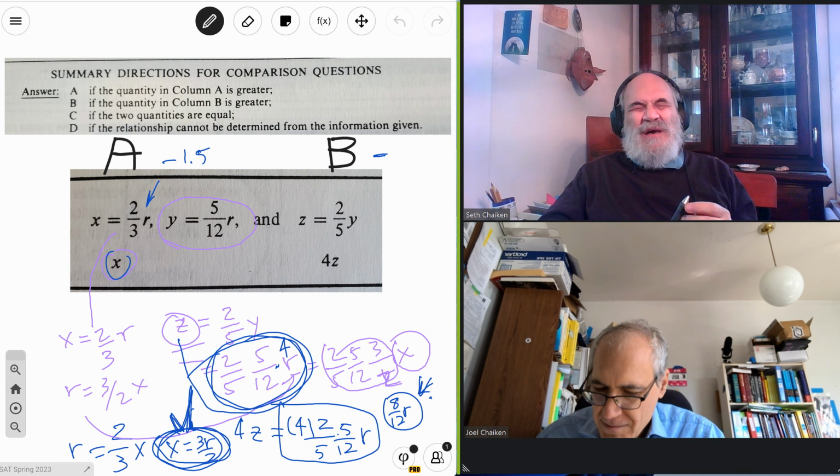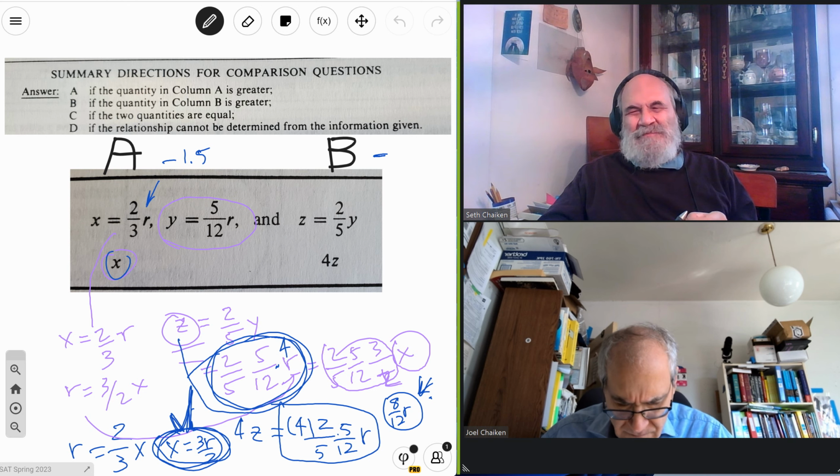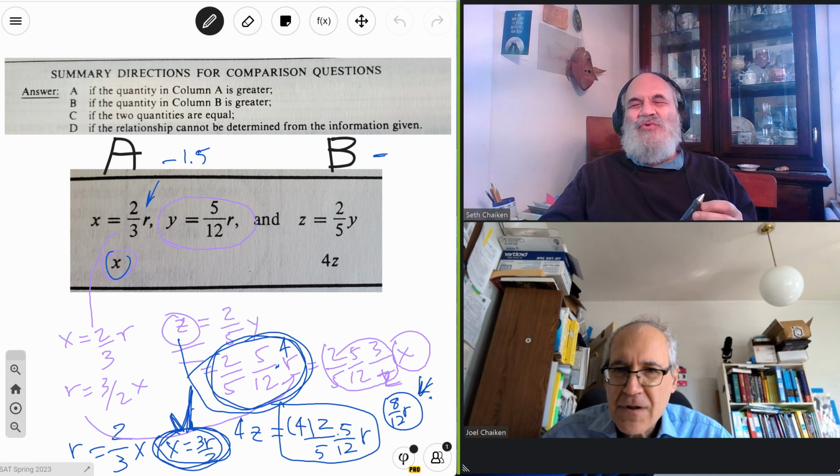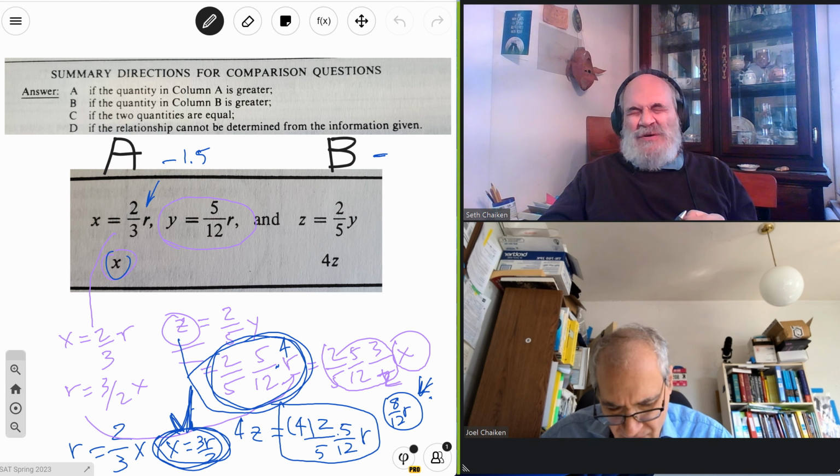What's happened is there's a ratio dependency between all 3 variables. They are dependent on each other by a non-zero ratio, and in fact, a positive ratio.